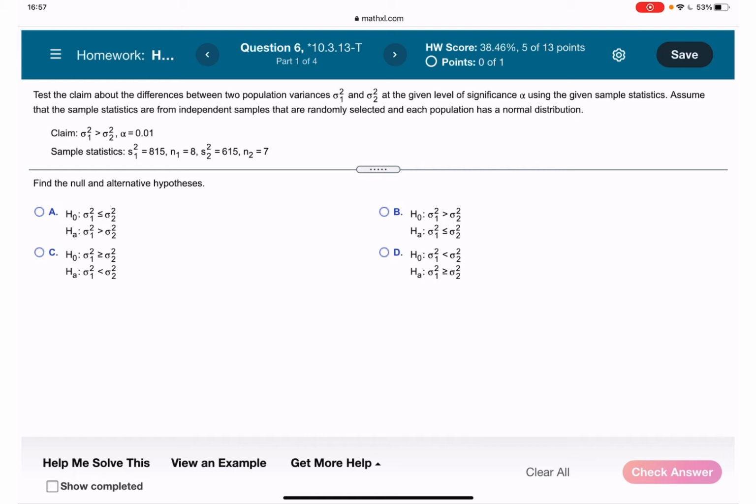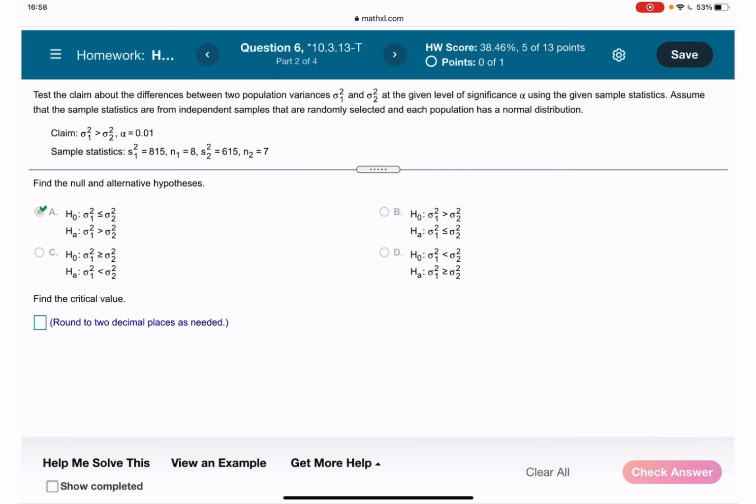Assume that the samples are independent and randomly selected, and each population has a normal distribution. Here the claim is sigma 1 squared is greater than sigma 2 squared. If it's greater than, it's going to be Ha, because the null will be less than or equal, right?